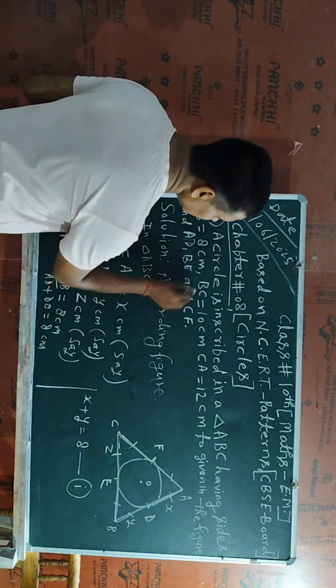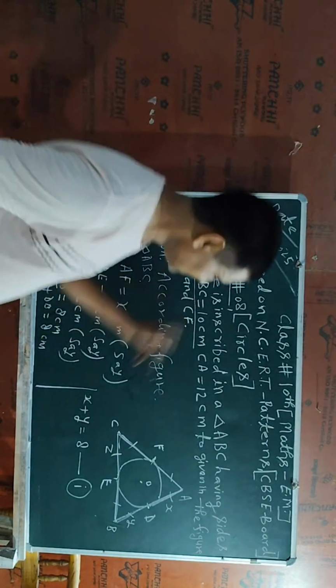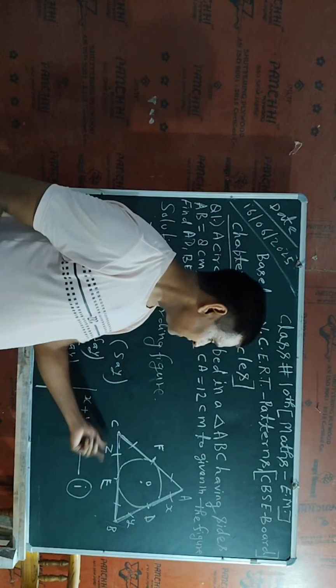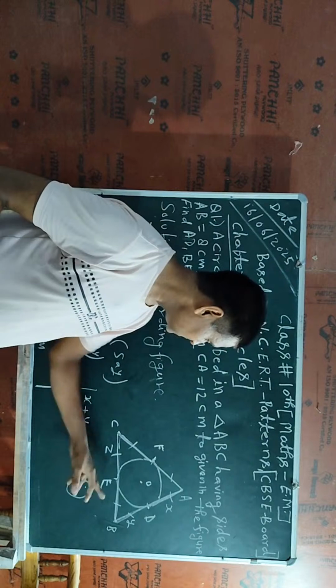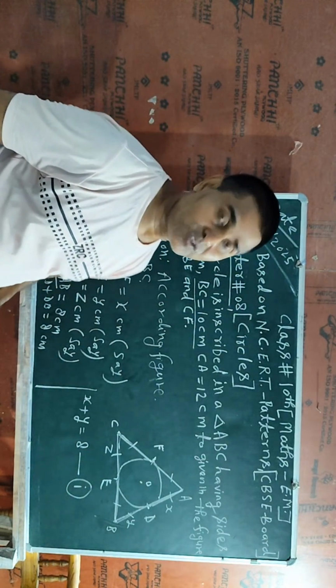The length BC is given 10 centimeter, and then I will write BC is equal to BE plus EC, and its value is Y and its value is Z. So I will write Y plus Z, which is equal to 10 centimeters. So I will say that is equation number 2.